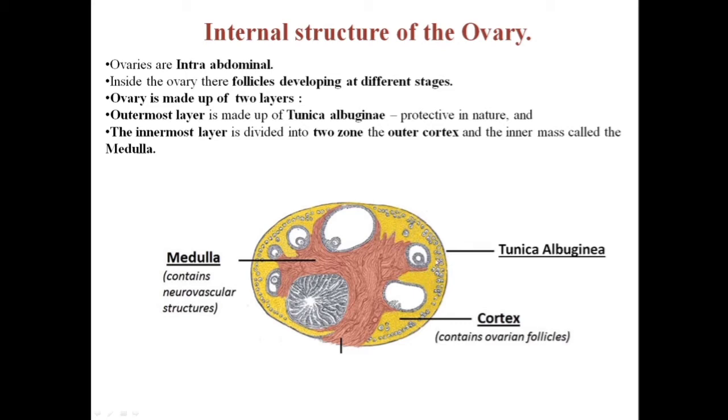The outer zone is known as the cortex, which is made up of reticular connective tissue, and the inner zone is known as the medulla, which is made up of areolar connective tissue. And in this medullary region you see these follicles in different stages of development. Further, let us study the different stages of development of these follicles.